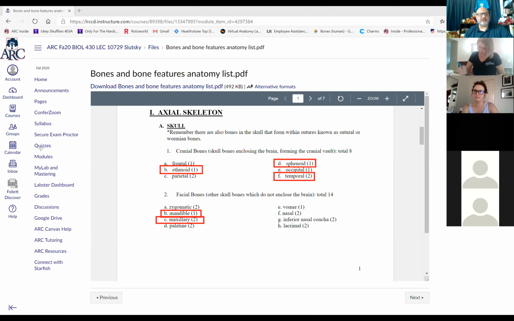And that's what you see on our modules handout. So I'll give you a second to write those down or to circle those on your list.